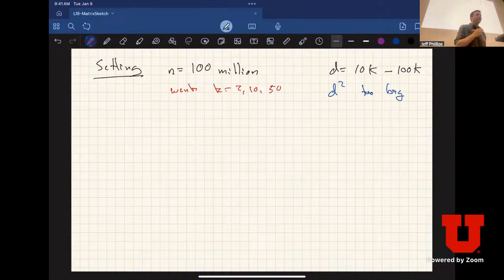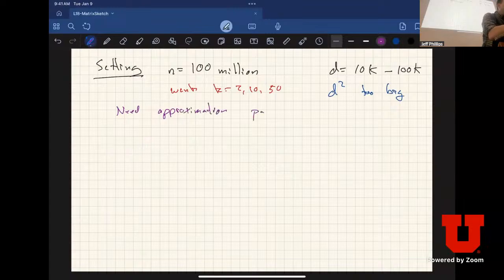Now I'm going to have some approximation, and I'm going to have a parameter L, which is going to be either 1 over epsilon, which will be an error parameter, which I'll explain what it means, or it'll be k plus 1 over epsilon, depending on what sort of guarantee I have.